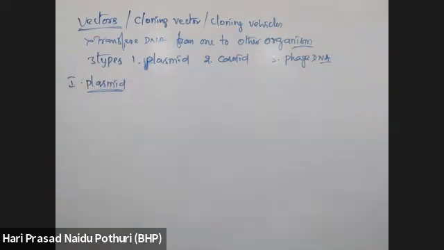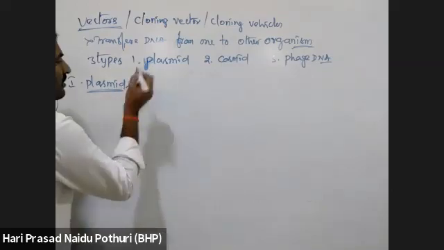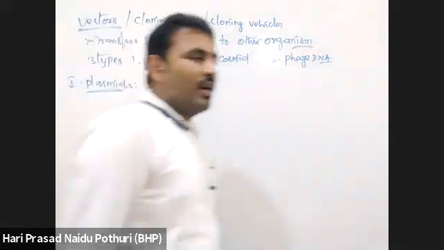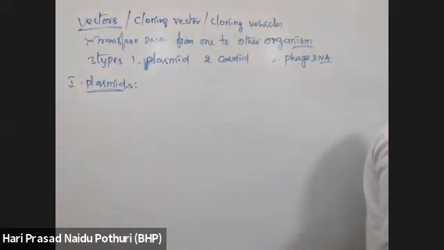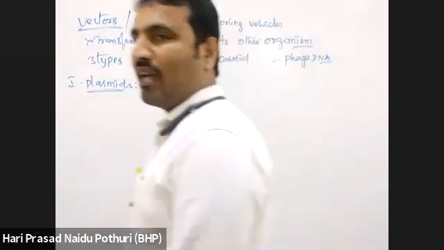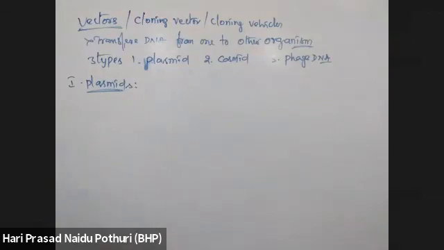Then that pBR322 structure we will see next class. So plasmids, what are plasmids? These are small, circular, double-stranded, extra-chromosomal, semi-autonomous, self-replicating DNA molecules, which are usually present in prokaryotic cells or bacterial cells.